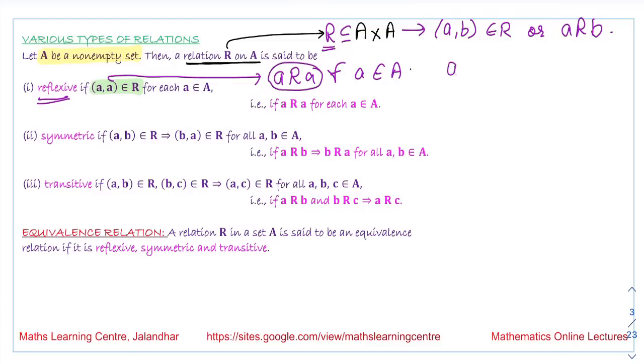That is, each of the pairs (a, a) belongs to the set R. This definition will be more clear to you with our next examples.